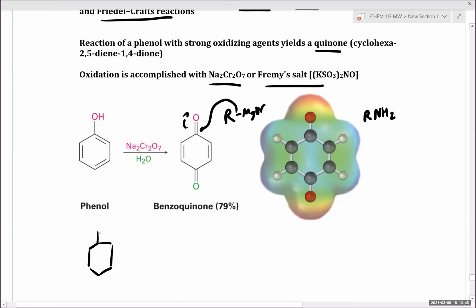And what's really interesting, and we'll talk about this in later chapters, is you can take a quinone and treat it with like an alkyl copper or alkyl cuprate species, and you can install an alkyl group.